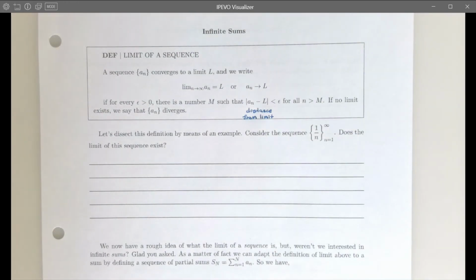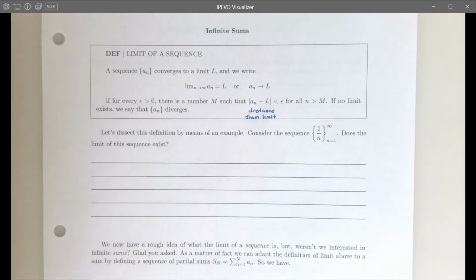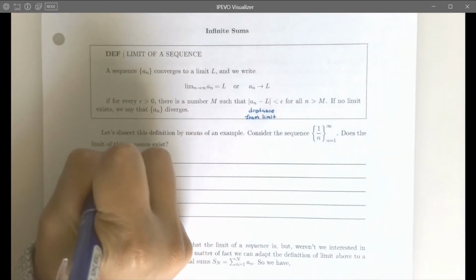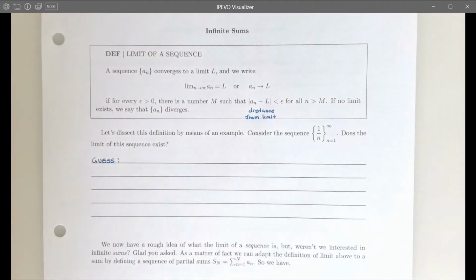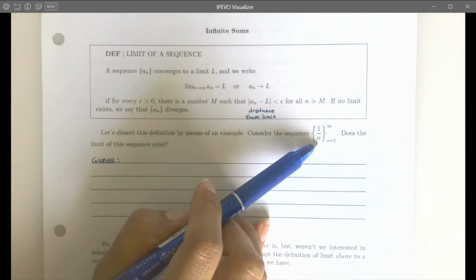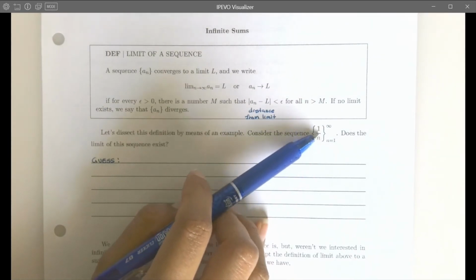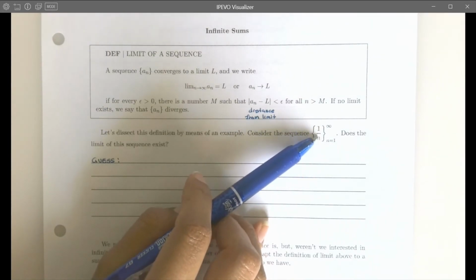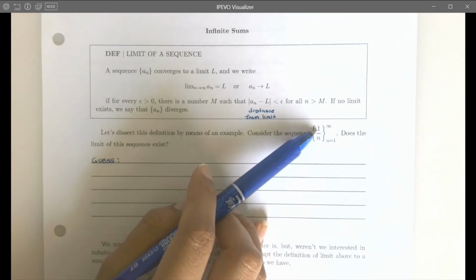They're asking us to consider the sequence 1 over n, beginning at n equals 1 to infinity. Does the limit of the sequence exist? Okay, so my first guess is that if you consider larger and larger values of n, as n gets larger, this gets smaller, and the larger n gets, the closer this becomes to 0.